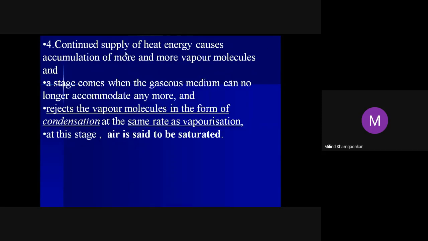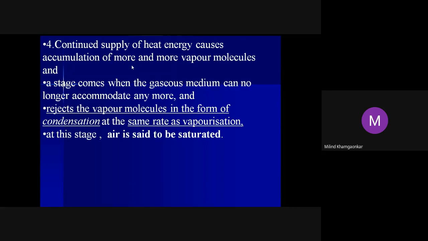The continued supply of heat energy causes accumulation of more and more water vapor molecules. As the atmospheric temperature rises and the atmosphere gets heated, more and more heat energy is supplied to the water molecules at the surface of the water body.